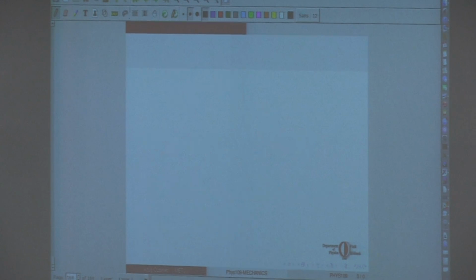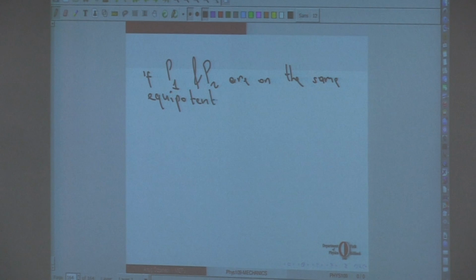So if P1 and P2 are on the same equipotential, it just means that the potential difference between those 2 points is 0.